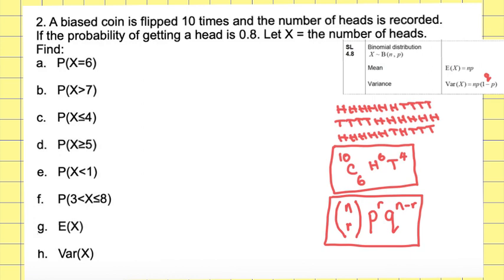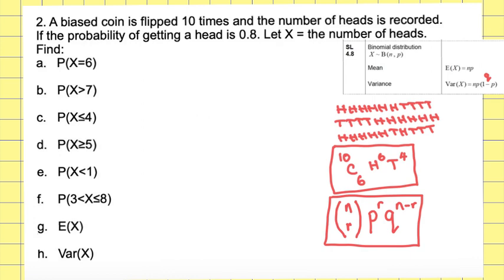If it's PDF, I'll write down the value of X. If it's a CDF, I'll write down the lower bound and the upper bound that you need to put into the calculator. For one question that needs PDF, I'll show you how to do it on the calculator, and for CDF, I will also show you how to do it on the calculator.